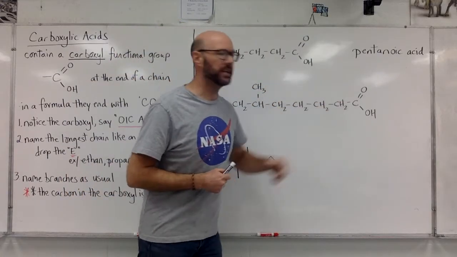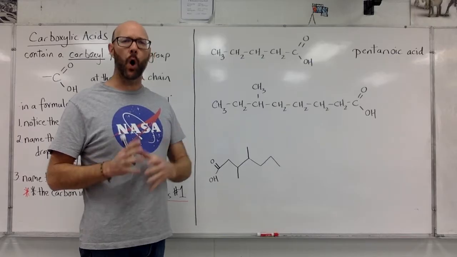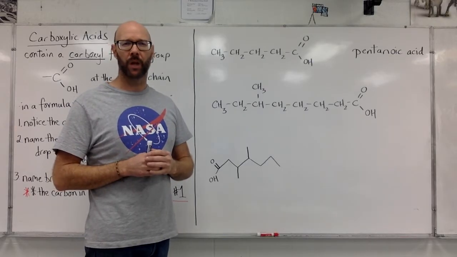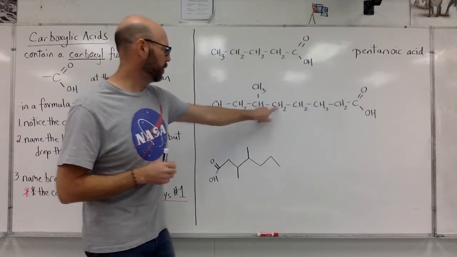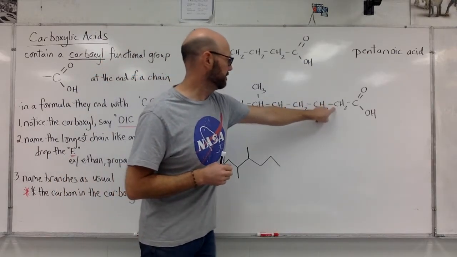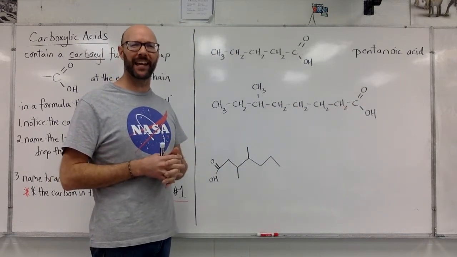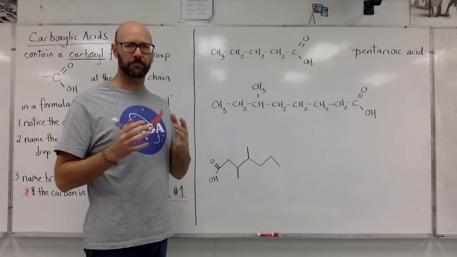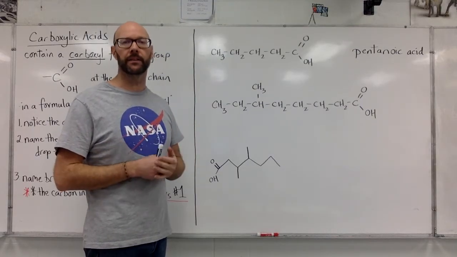Oh, I see that functional group. So it's going to end with oic acid. What's the longest chain? 1, 2, 3, 4, 5, 6, 7, 8 carbons. If it was an alkane, I would call it octane. Oct is the prefix for 8.